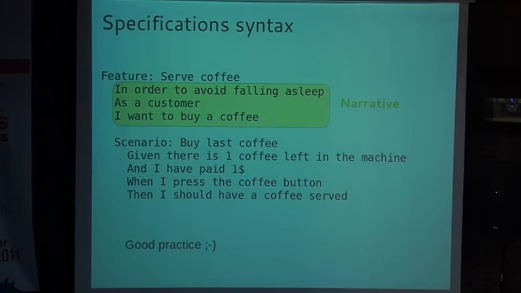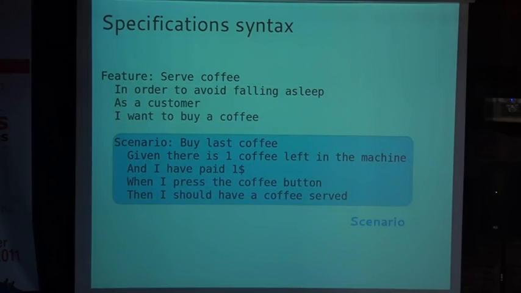It's a kind of comment for the feature. It is only a good practice to write them because it is ignored by the runner, but it helps you to focus on the person involved in the feature, because features are written from the point of view of the user, and we can specify in the narrative the importance of the feature.